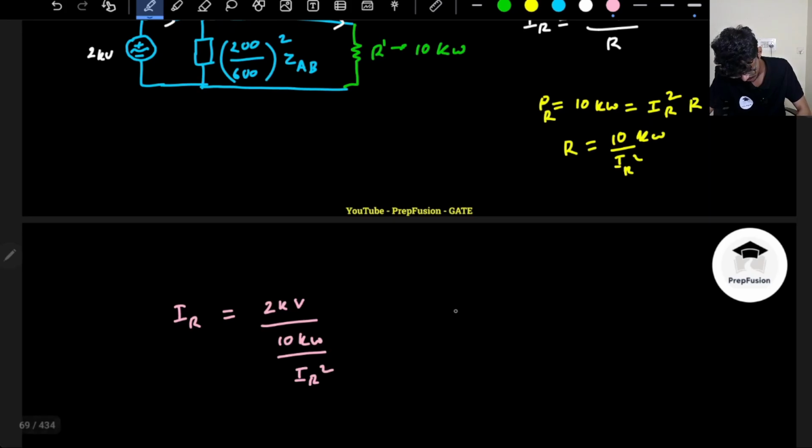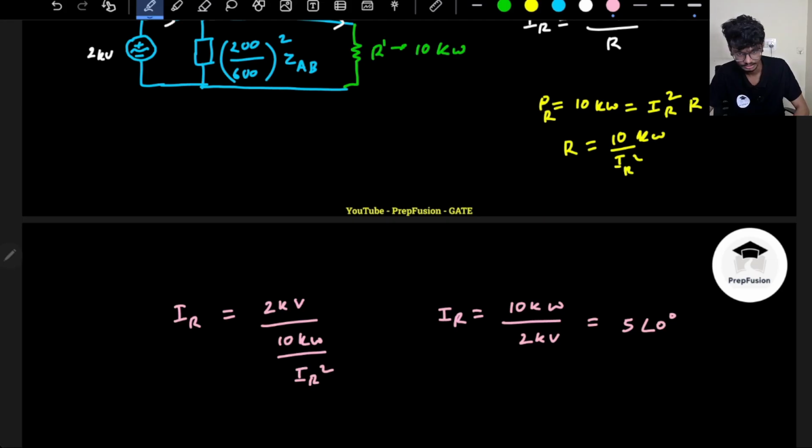So basically I will have IR here equals to 10 kilo upon 2 kilovolt. So basically what I am getting is this will be 5 amperes, angle 0, because it is a resistor. There is no phase difference between the voltage and the current. Okay, so this we have found out.